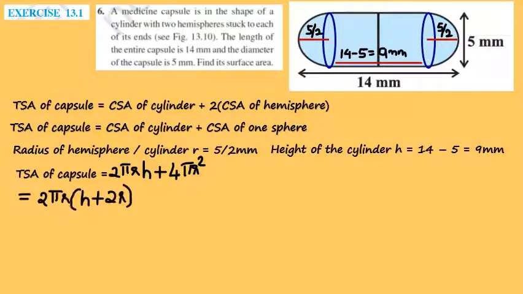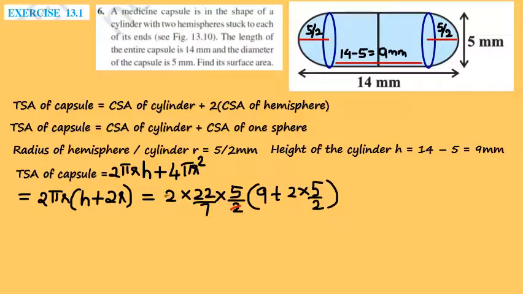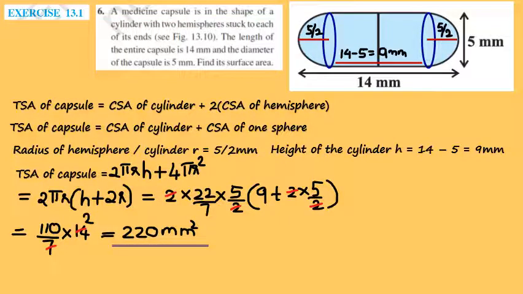Here 2 pi r is common, that we can take out. So 2 pi r into h plus 2r. Substituting the values and simplifying we get 22 into 5, which is 110 by 7 into 14, and 7 and 14 we can cut. So the area is 220 millimeter square.